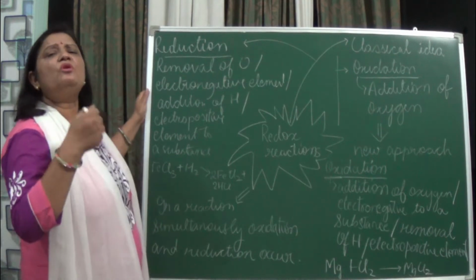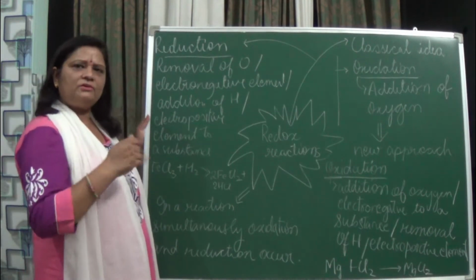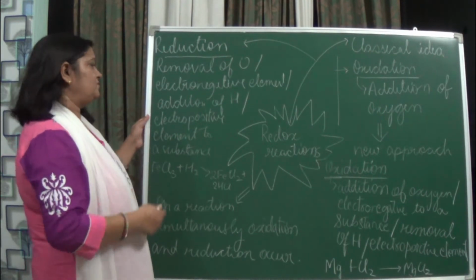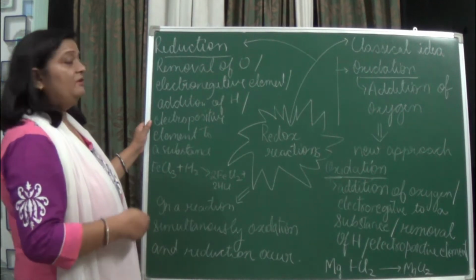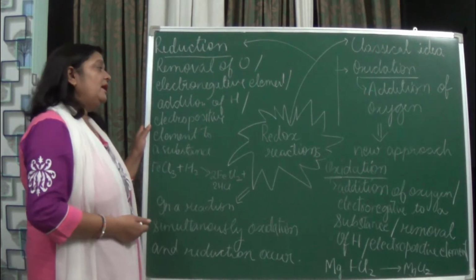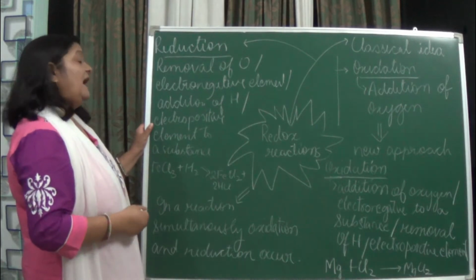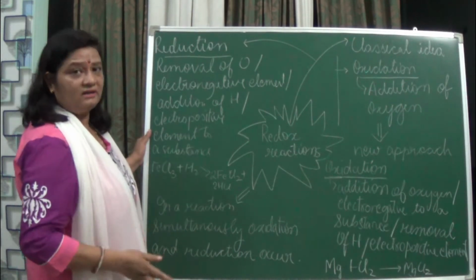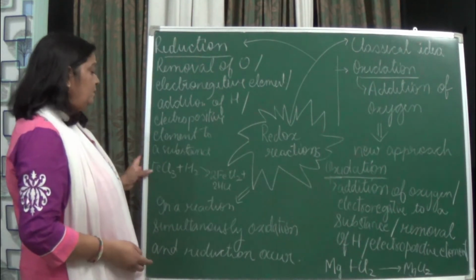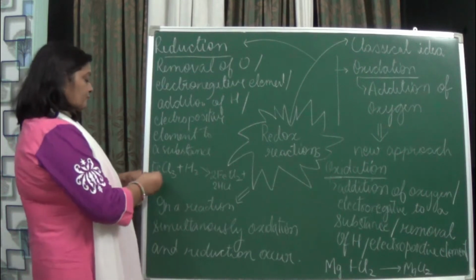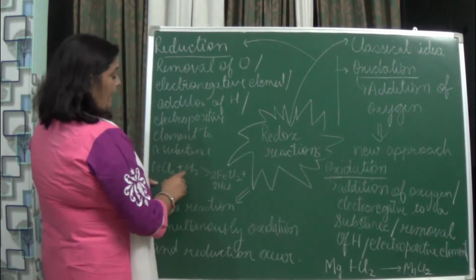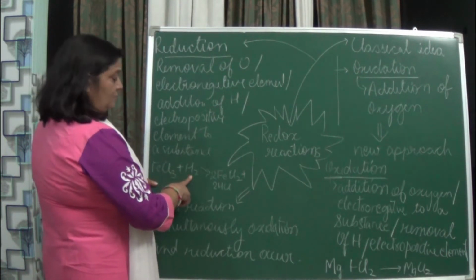Now coming to reduction. It is removal of oxygen and addition of hydrogen, this is the classical definition only. But in the new approach, it is addition of an electropositive element and removal of an electronegative element. Here I have taken an example of ferric chloride plus hydrogen molecule.